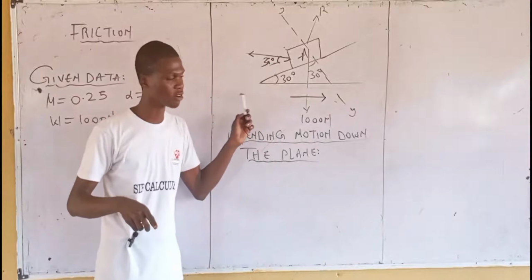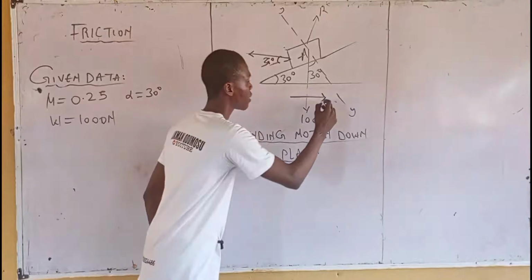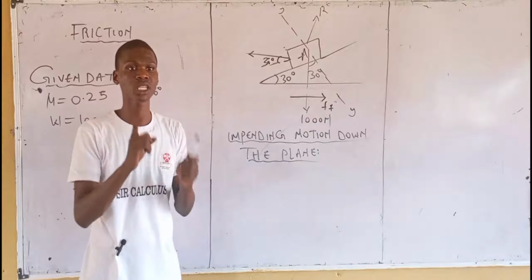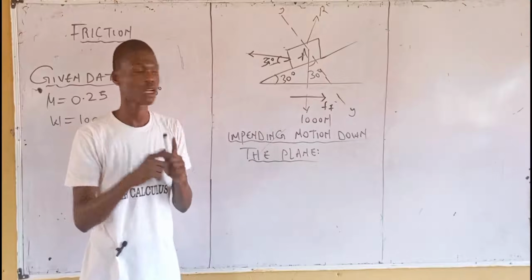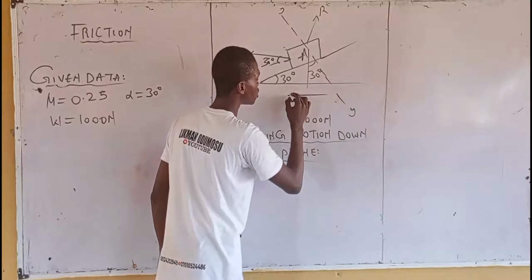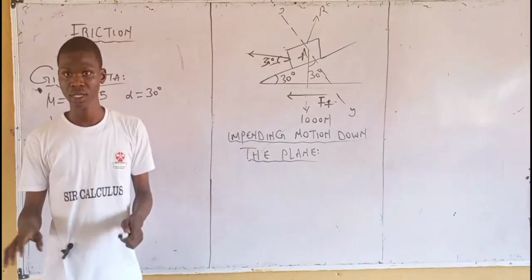Now, observe this diagram very well. Me denoting my frictional force in this manner, is it correct? It's not correct. Why? Because it has to go in the same direction. So the correct manner in which this frictional force will go is something like this. Are you with me? And that's the concept.